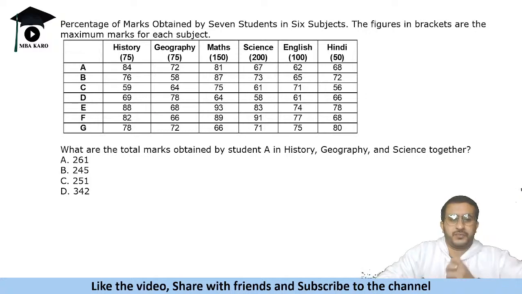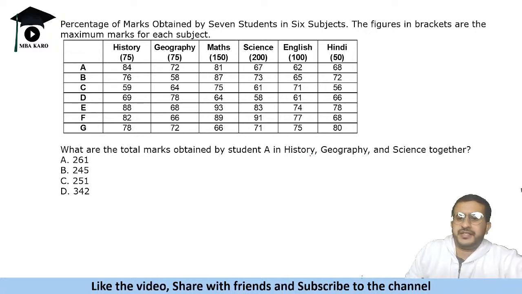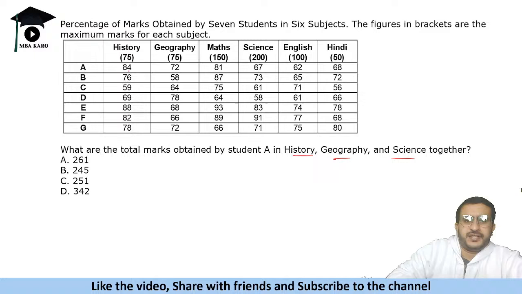Okay, so here's the question: total marks obtained by student A in history, geography, and science. History is 75, 75% means like 75. See how to do this in a simple way. We need to find history, geography, and science. This is 84, 72, and science is 200.